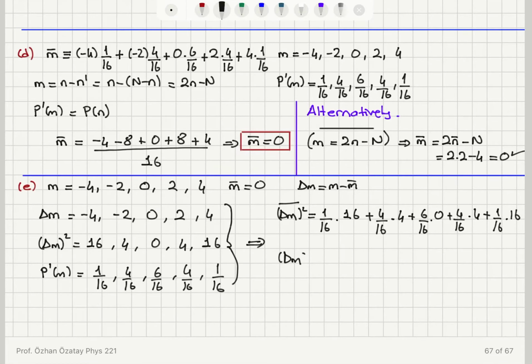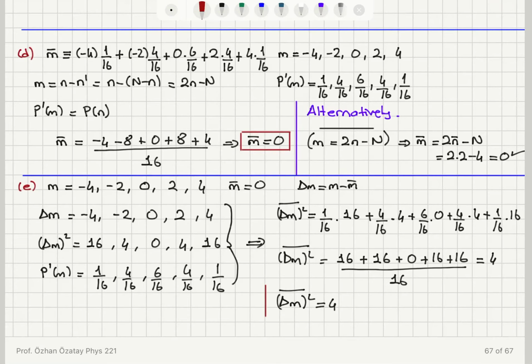So I will find the variance in the total moment number to be 16/16 plus 16/16 plus 0 plus 16/16 plus 16/16. So this is going to be 4 times 16/16, which is 4. So the variance in the total moment number must be equal to 4.